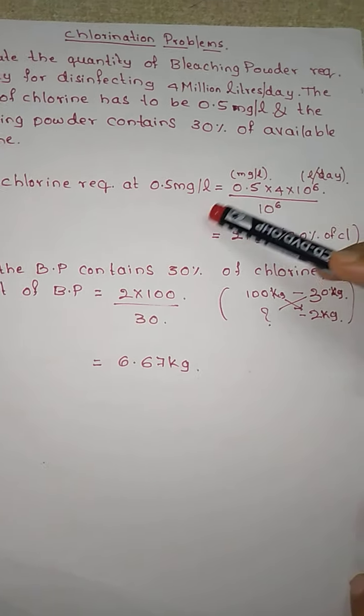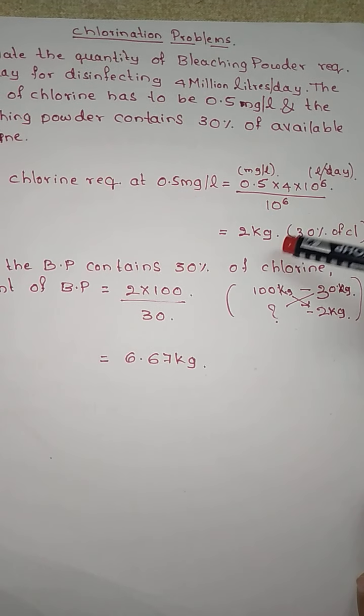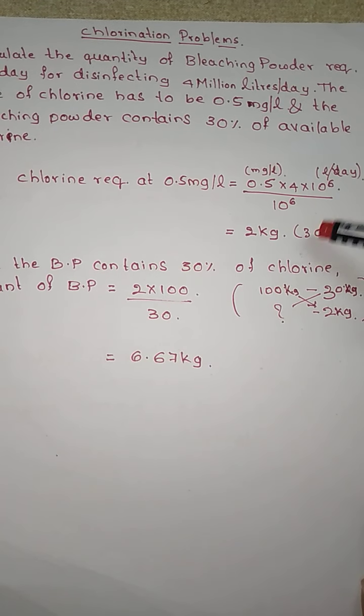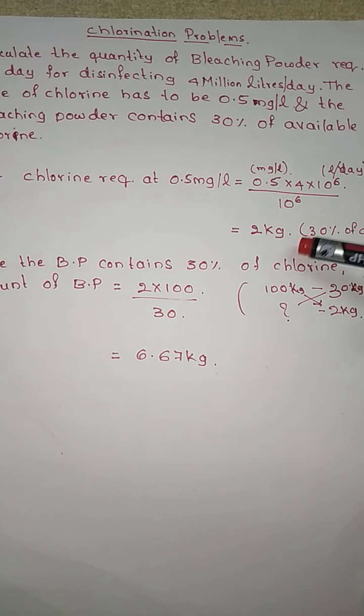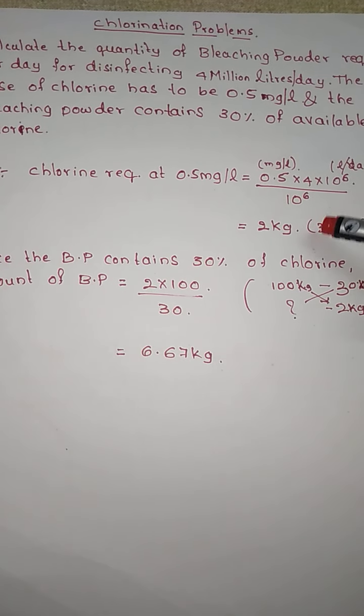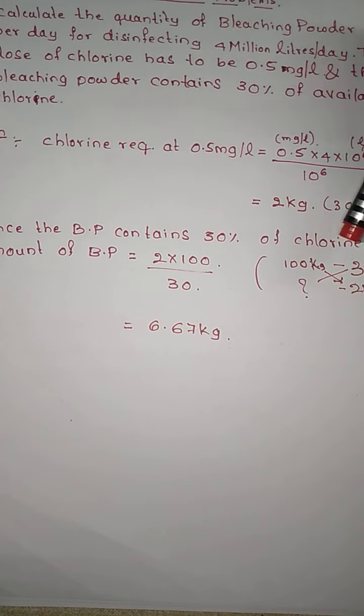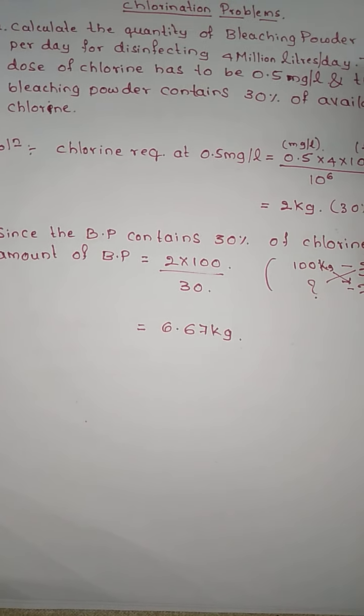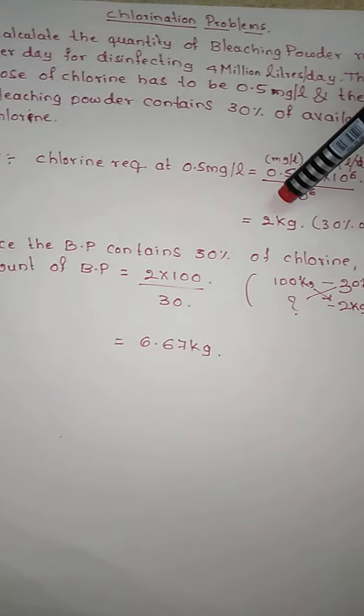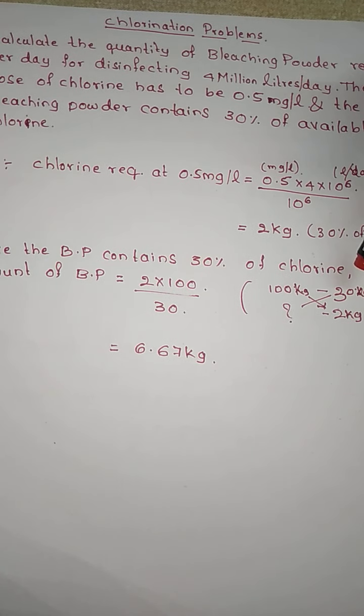This is the chlorine content we have determined. This is 30% of the bleaching powder content. So now what do we need to determine? Since we need the bleaching powder content, and this is only the chlorine content, now we need to determine the bleaching powder content.